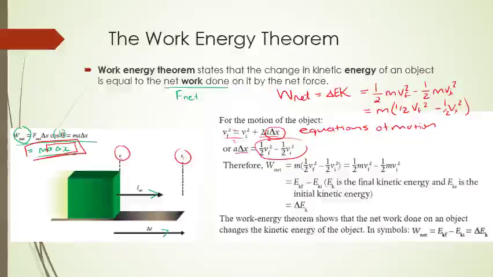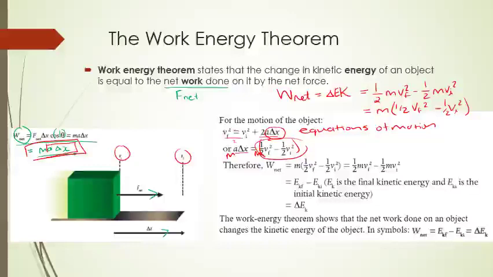All we're doing now is multiplying both sides by an m. That's all we're doing. Each side gets multiplied by an m, and then all of a sudden we get back to our net work equation.